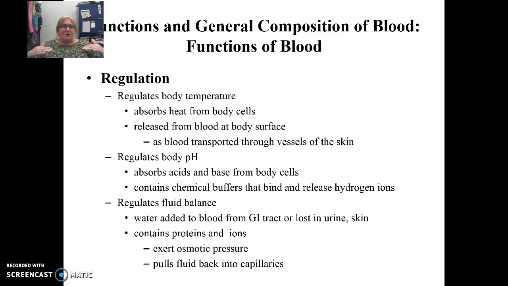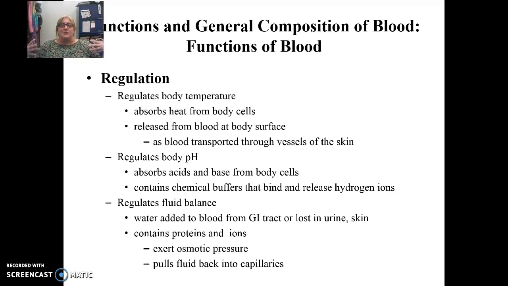Our body temperature is about 37 degrees Celsius normally. If it starts to rise, that's going to cause blood to move the heat towards the surface of our skin, and that heat is going to stimulate sweat glands, and sweat glands are going to release sweat, and then the sweat evaporates, pulling that heat away.